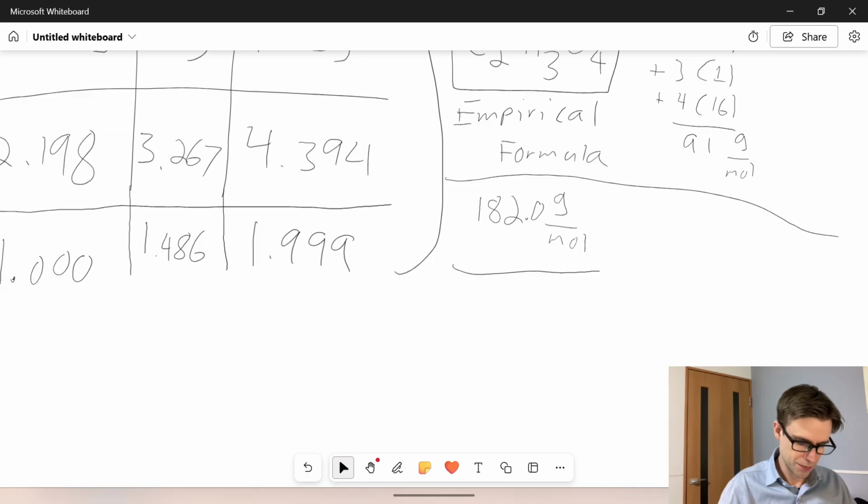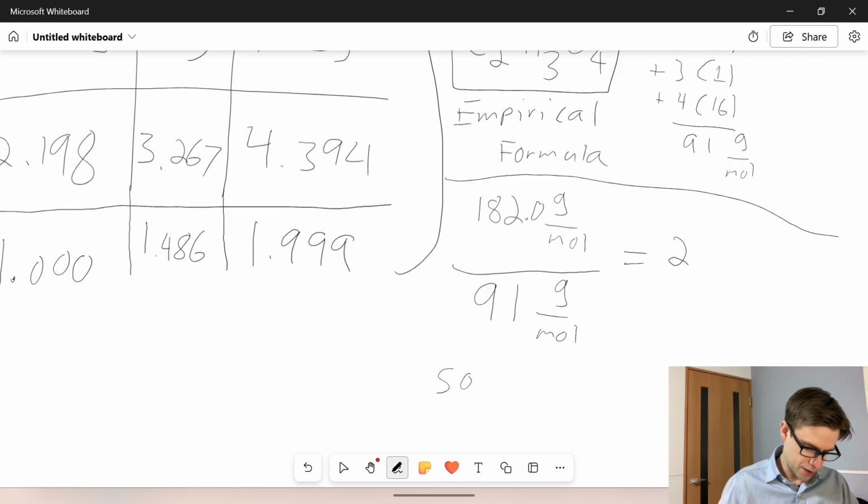Take your known molar mass of the sample and divide it by the empirical formula mass that you found. And this will give you your multiplier that links the empirical formula and the molecular formula together. So this ends up being 2.